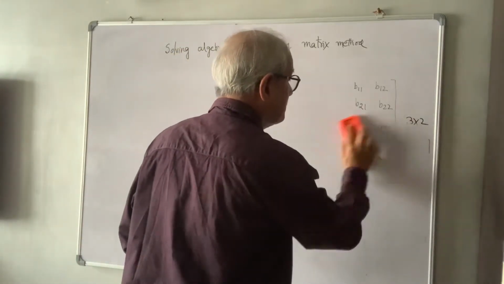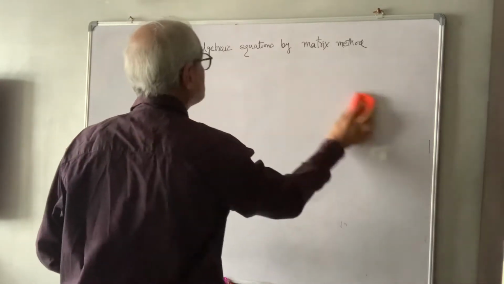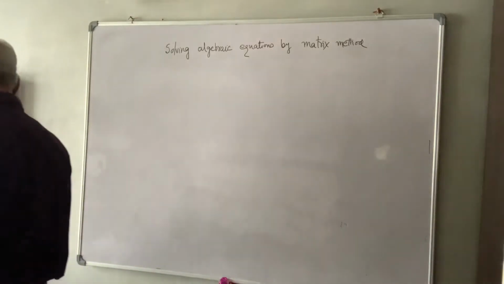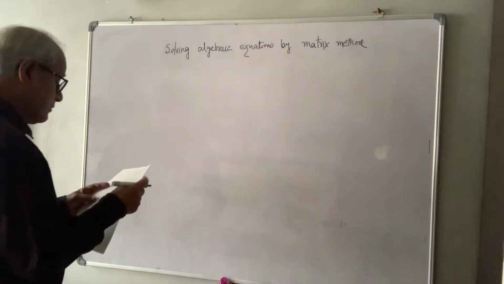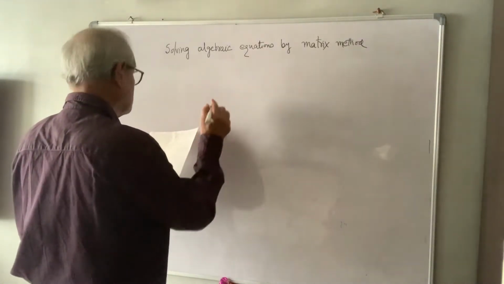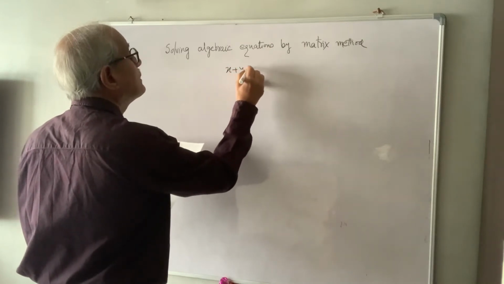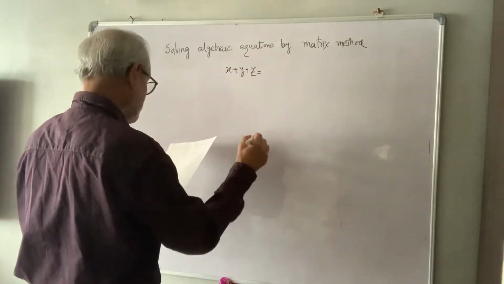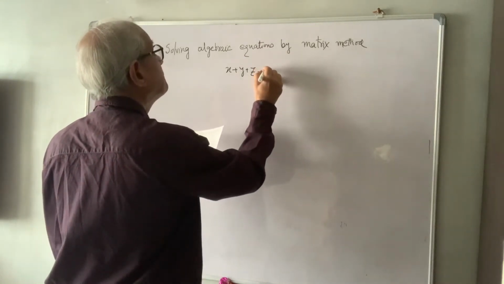Now we'll solve algebraic equations by matrix method. So we take an equation: x plus y plus z is equal to 0.